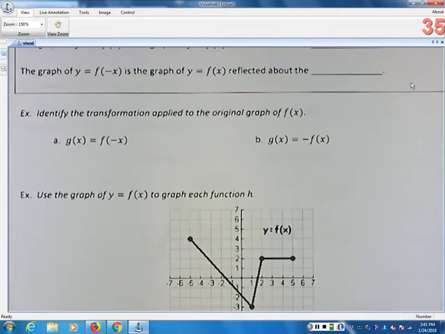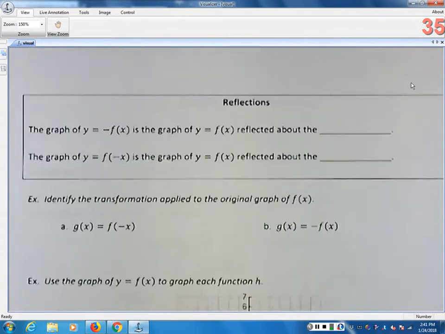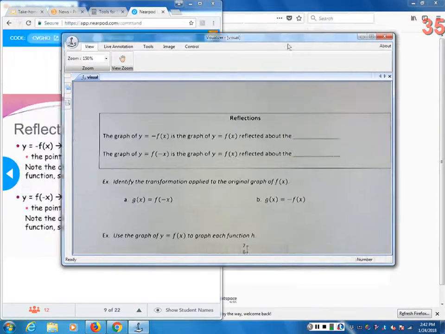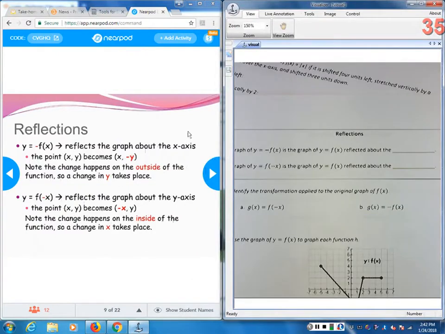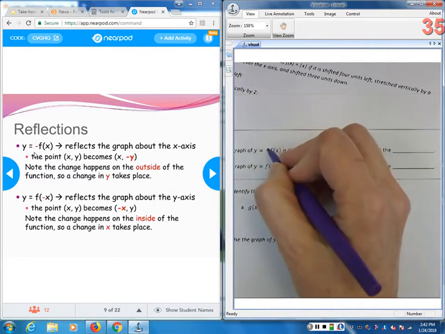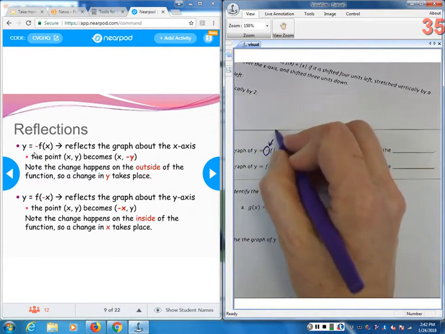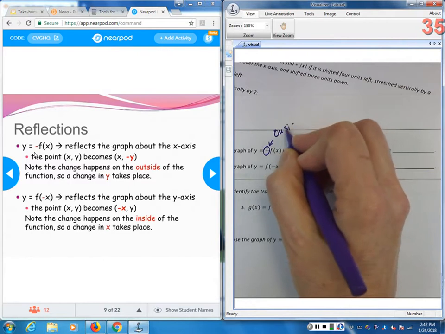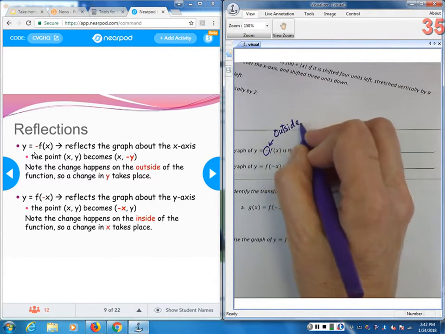Okay, now we're on reflection. So that was the next slide. Okay, so if we have the minus sign on the outside of the function, this is on the outside, it changes y.